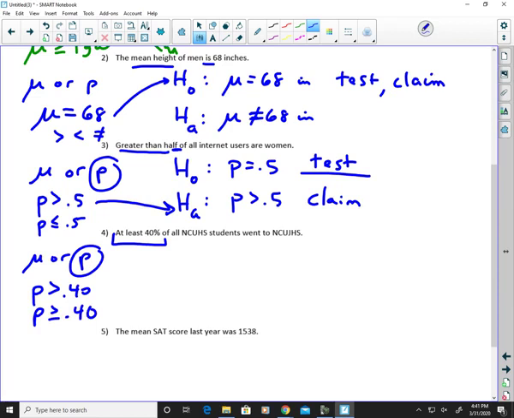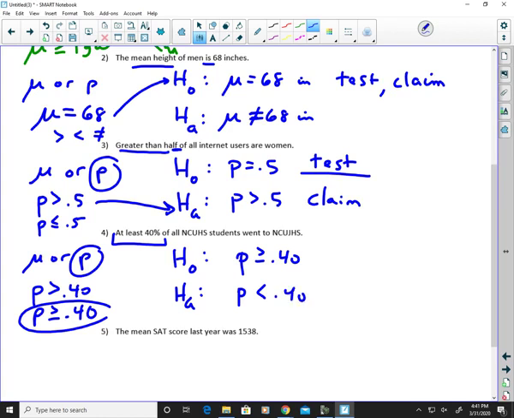At least means you need that or more. So that is going to be the greater than or equal to. So my null and my alternative, P is going to be greater than or equal to 0.40. P is going to be less than 0.40.